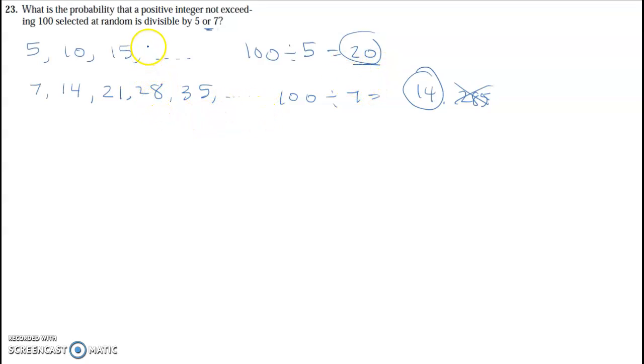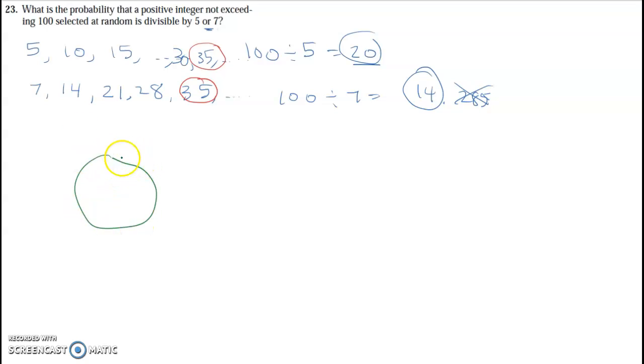Now, if I were to write this a little further, 15 and so on, and we know that there's going to be 30, 35, and it goes on. So what we notice is that some numbers have been counted twice, and those numbers are part of these counts. So we have to exclude them, and we can refer back to our Venn diagram.